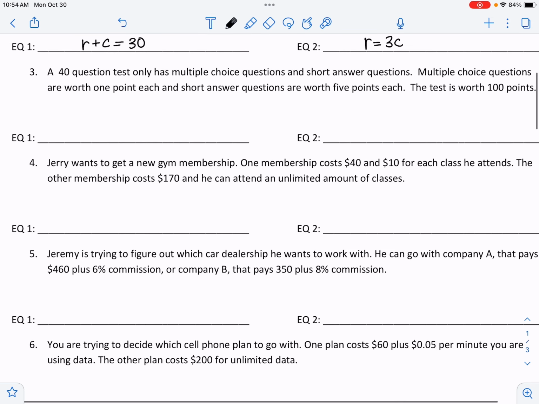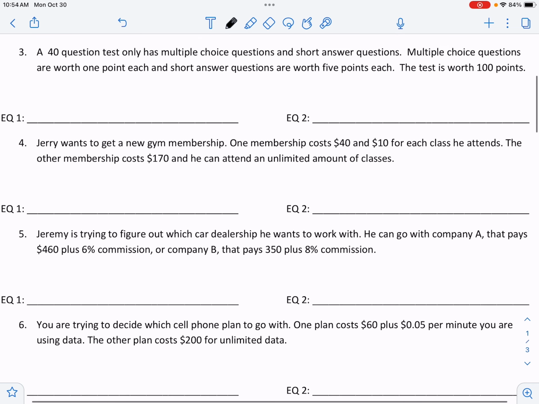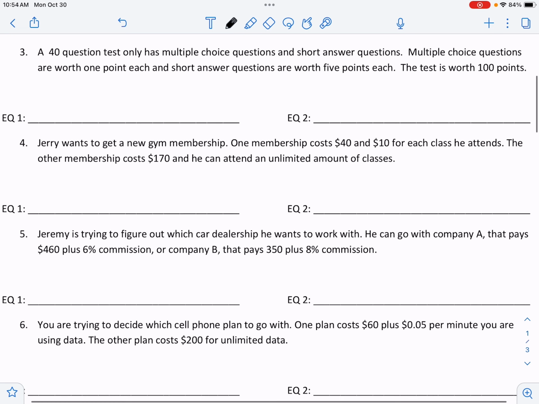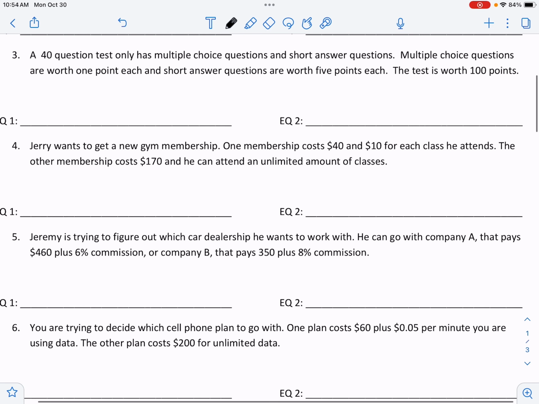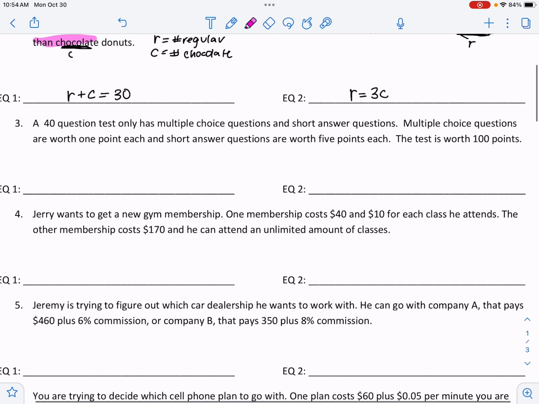All right, next up, a 40-question test has multiple choice questions and short answer questions. Multiple choice questions are worth 1 point and short answers are worth 5 points. The test is worth a total of 100 points. So in this one, we have 2 totals. First of all, we're dealing with multiple choice questions and short answer questions.